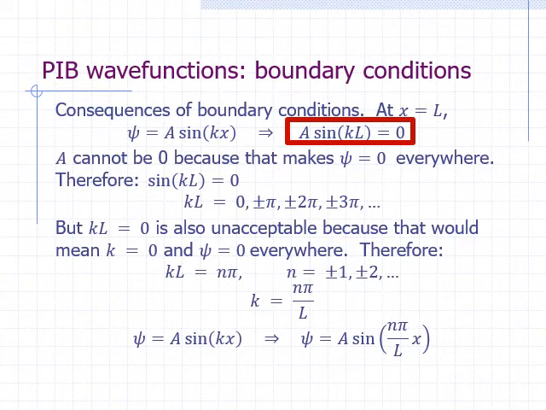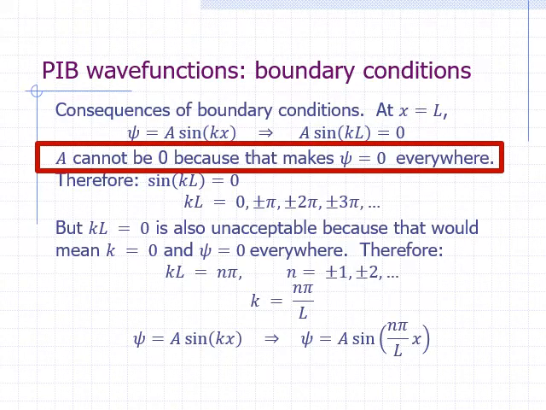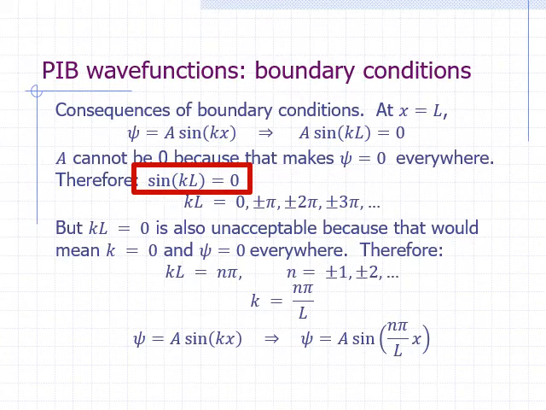Either A is 0 or sine of kL is equal to 0. But we cannot let A be equal to 0, because that would make psi equal to 0 everywhere. In other words, regardless of what x is, psi would be 0 if A is 0. If psi is 0 everywhere, that would mean the particle is nowhere to be found. Therefore, we must insist that sine of kL be equal to 0.